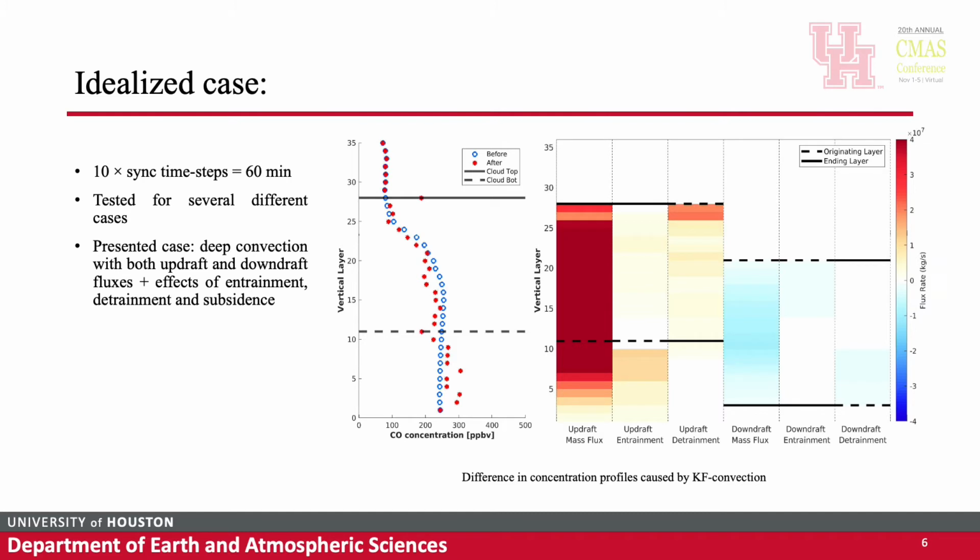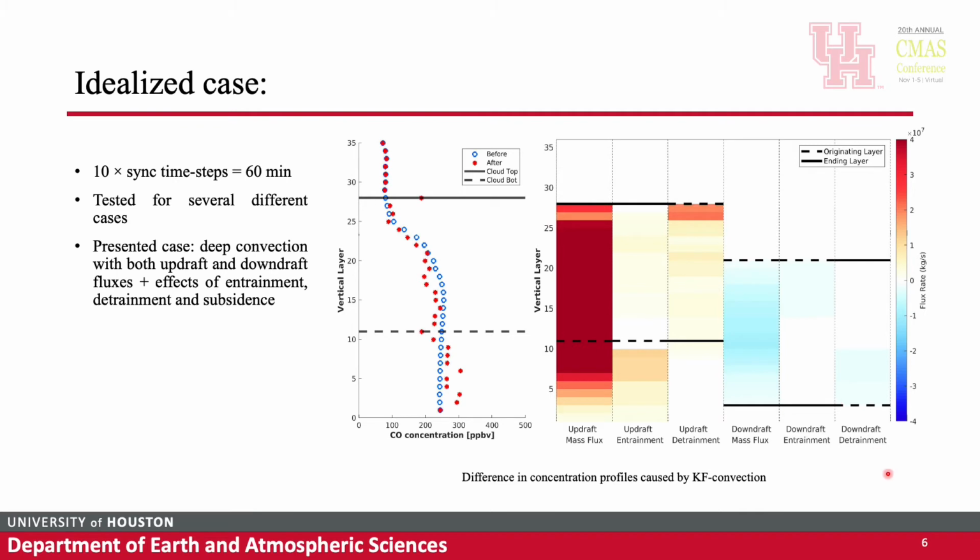Here you can see the deep convection with updraft and downdraft plus the effects of entrainment, detrainment, and subsidence. On the left, the concentration profile, you can see how this changes from before KF convection and after applying the KF convection.